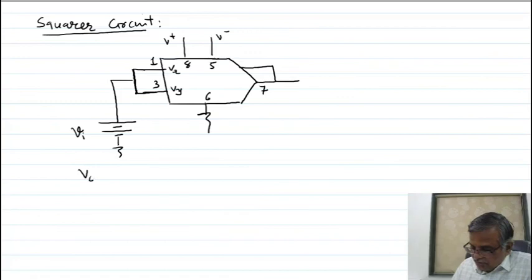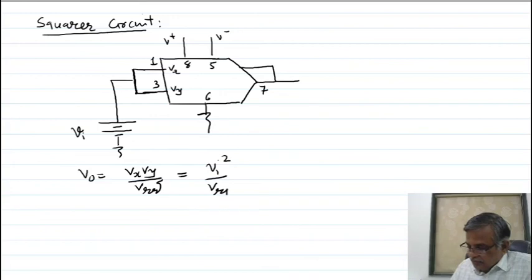The equation of my output voltage I can write. It is nothing but Vi square upon V reference, provided your Vi should be between 0 and V reference.